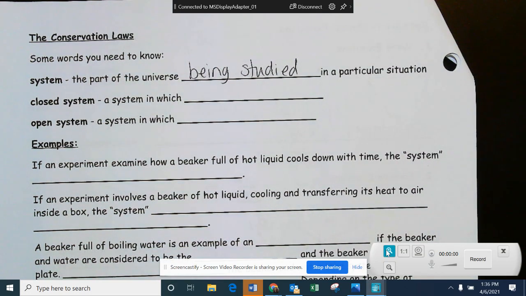Sometimes a system is going to be a beaker with sugar and water in it. Sometimes the system is going to be a forest and the trees and the carbon dioxide and the oxygen. So a system is just what part of the universe is being studied. In chemistry it will often refer to reactions as systems.